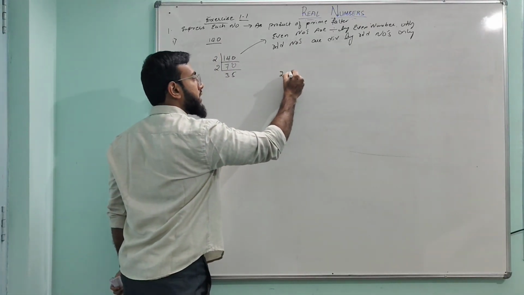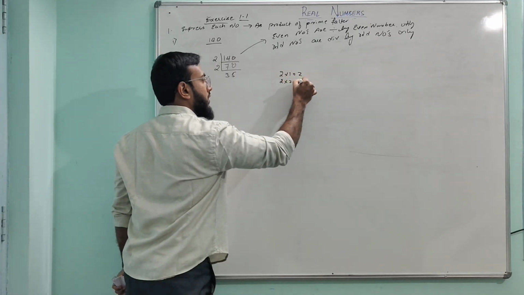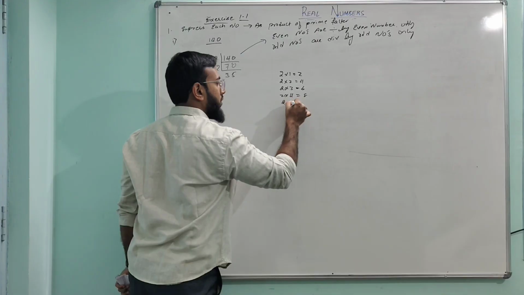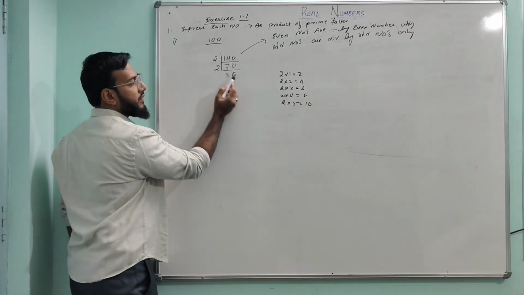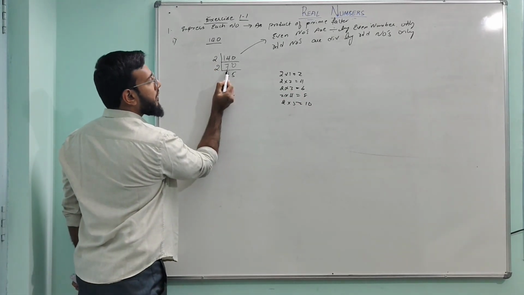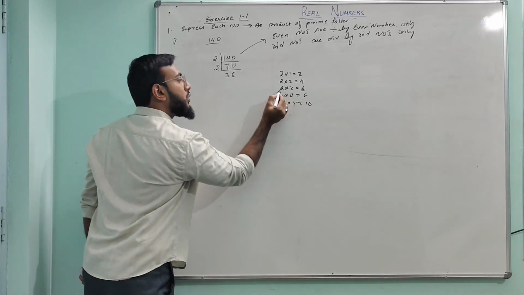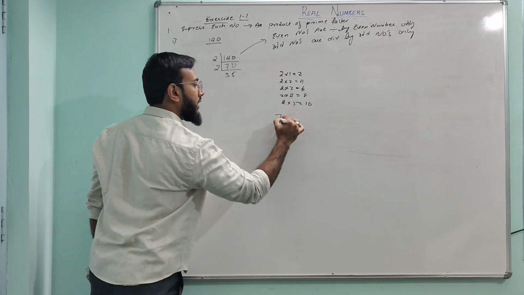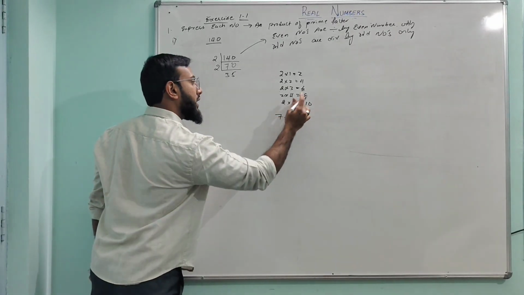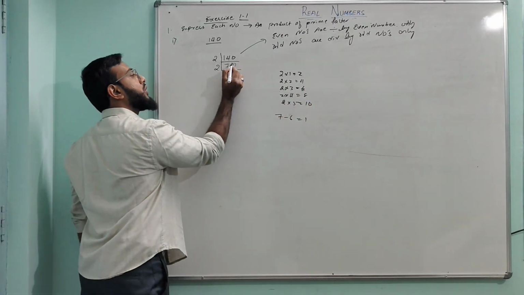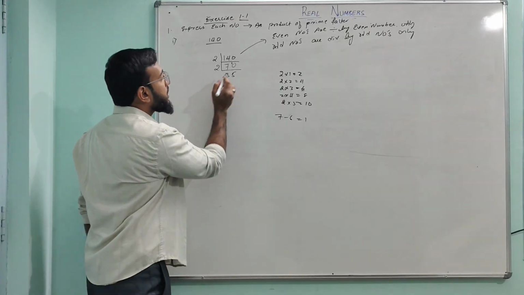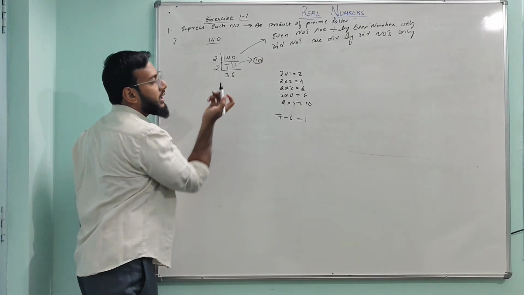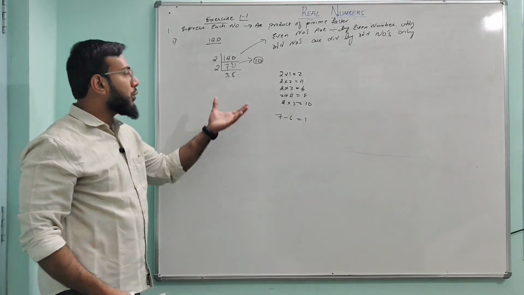In the 2 table, 2 1s are 2, 2 2s are 4, 2 3s are 6, 2 4s are 8, 2 5s are 10, correct? For 7, the nearest number is 6, 2 3s are 6. For 7, how much is remaining? 7 minus 6 is 1, which I kept on the head of this 0. So it became 10 now. 2 5s are 10. Hope this is clear.